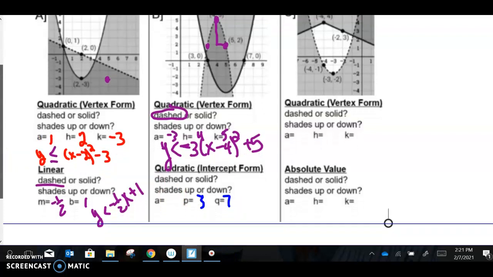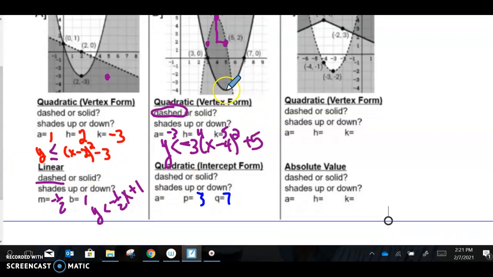Okay, so a, it looks like I just go up 1 over 1, doesn't it, from the vertex? Looks as though I must have shaded everything above that parabola, doesn't it? Do you see the lightly shaded part? Okay, so y is greater than x minus 3 times x minus 7.